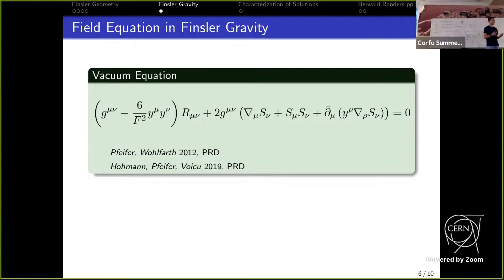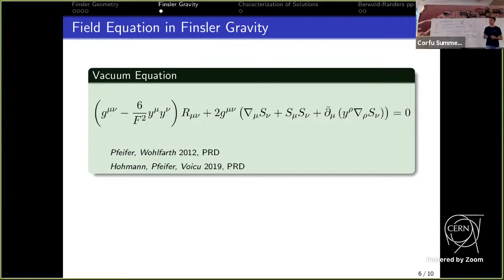So although there are several different proposals in the literature, this one is definitely the most natural one, and also has the most robust foundation. It is, however, very, very complicated. So what one would like to do is try to find ways to simplify this equation if you want to be able to solve it.